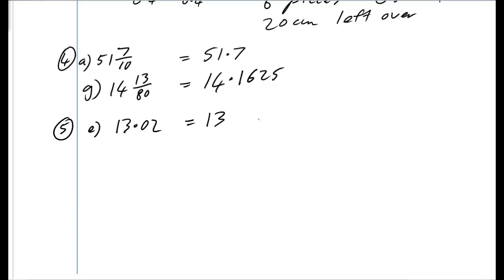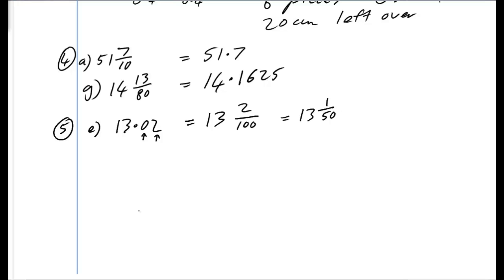So it's going to be 13 and, now that's 2, that's the tens place there, this is the hundredths place, so it's going to be 13 and 2 over 100. Okay, so let's simplify that, that'll be 13 and 1 over 50.